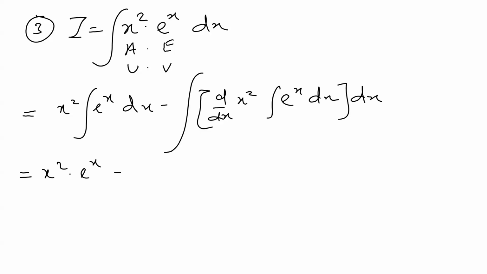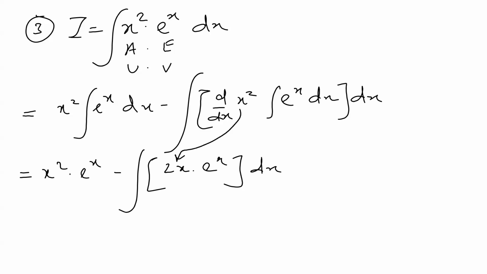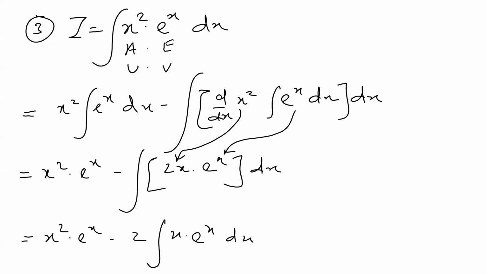So x square e raised to x minus 2x e raised to x dx. x square derivative is 2x, e raised to x is e raised to x. Now take that 2 outside into x e raised to x dx.